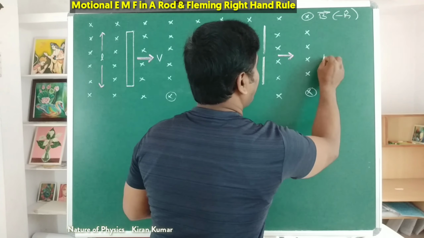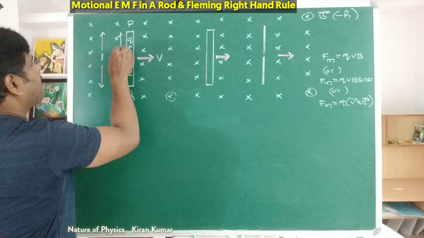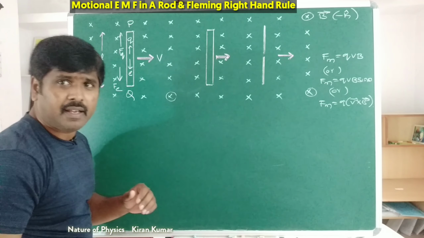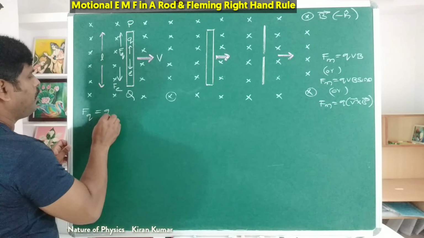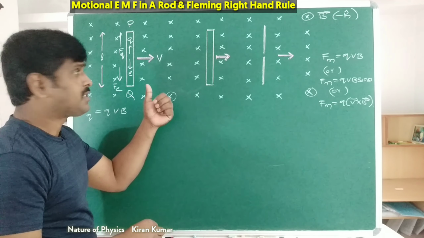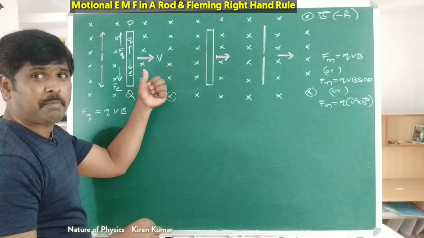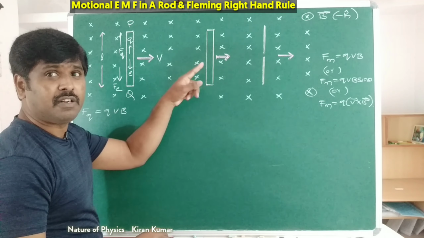Here this end is taken as point P and this end is taken as point Q. The force Fq on the positive charge is upward, and the force Fe on the electron is downward. Fq is equal to QVB sine theta, where theta is 90 degrees because velocity and magnetic field are mutually perpendicular: velocity is along the positive x-axis and the magnetic field is into the paper.